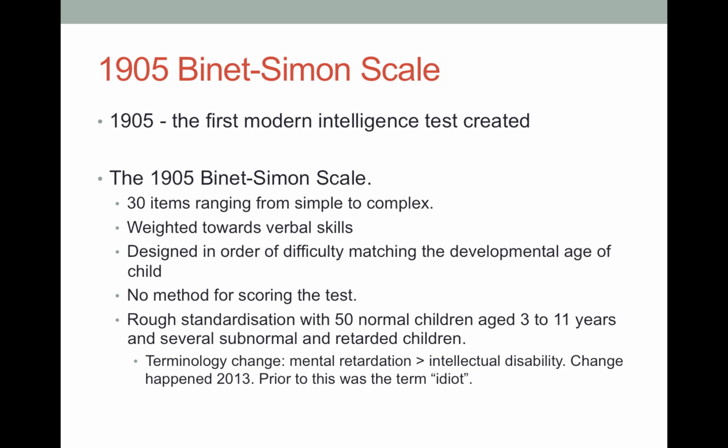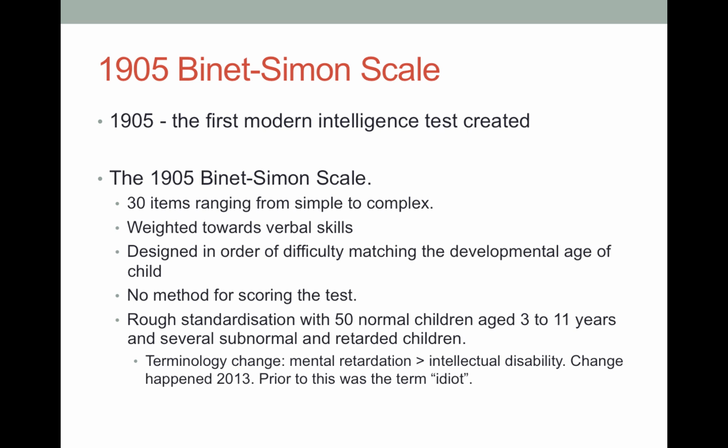Each level of the test was designed to match a specific developmental age of the child, with a range from 3 to 10 years. This way, a test could be used to determine the child's mental age and whether a child was advanced or backward for their age.